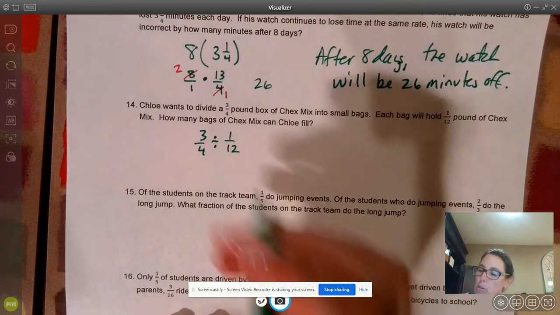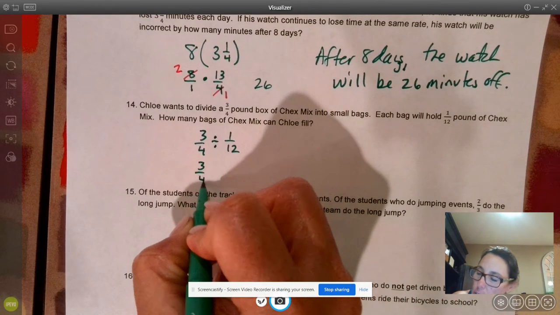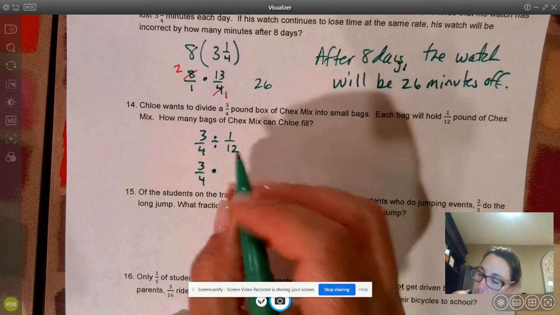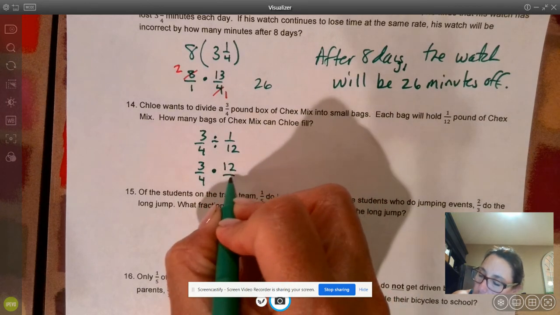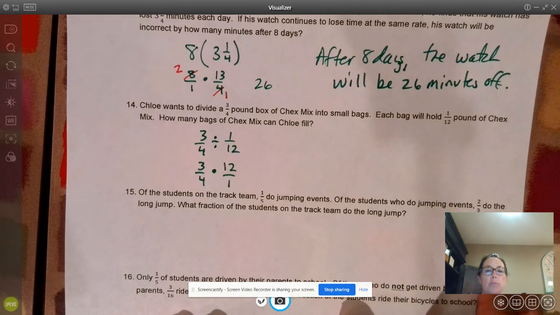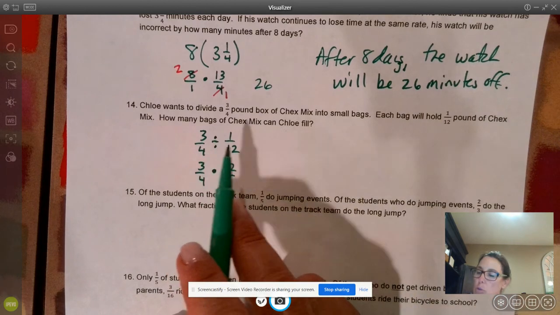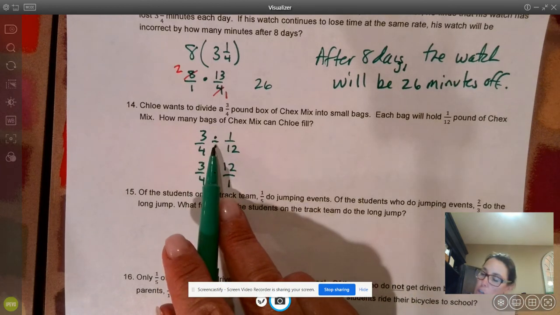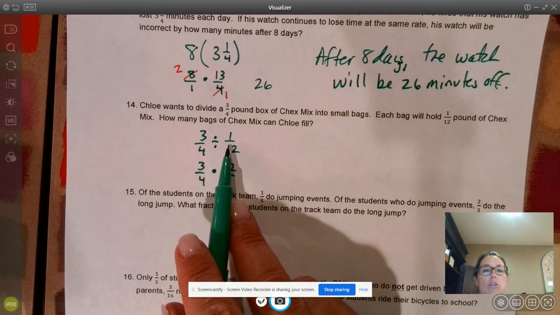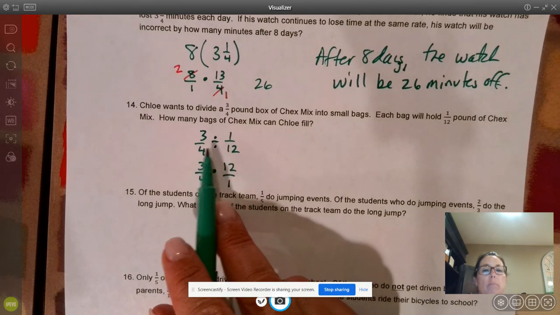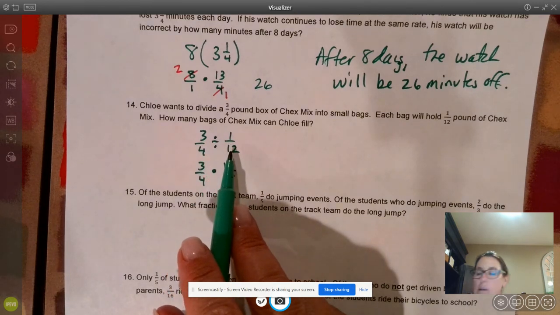Please remember when you divide fractions, the second one flips and you multiply. Okay? Some of you guys learned in your elementary school keep, change, change. Okay? Or keep, change, flip.